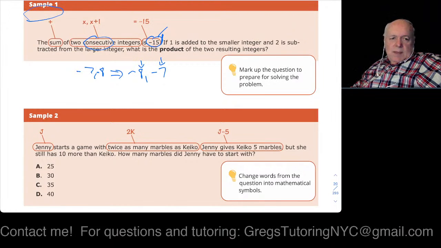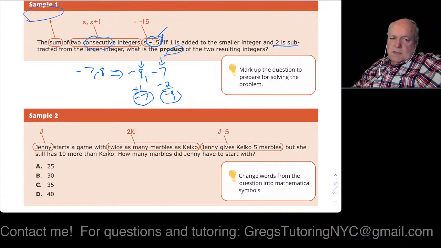It says if 1 is added to the smaller number, so minus 8 is smaller than minus 7. If I add 1 here, I get minus 7, right? Then it says 2 is subtracted from the larger one. So minus 7 minus 2 gives me minus 9. Then it asks, what is the product of the 2 resulting integers? Minus 7 is the 1 resulting integer, and minus 9.